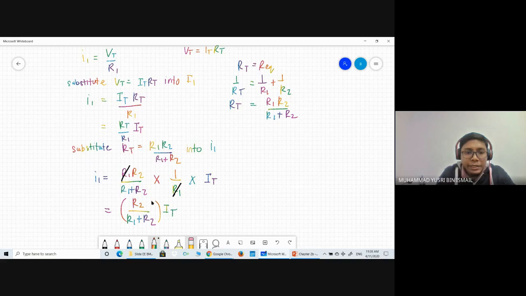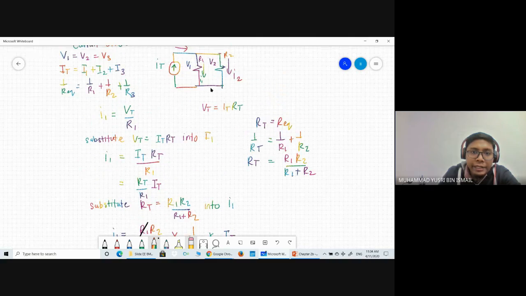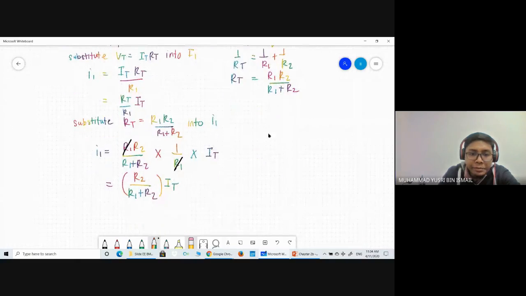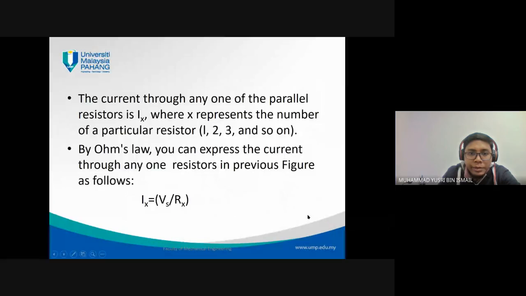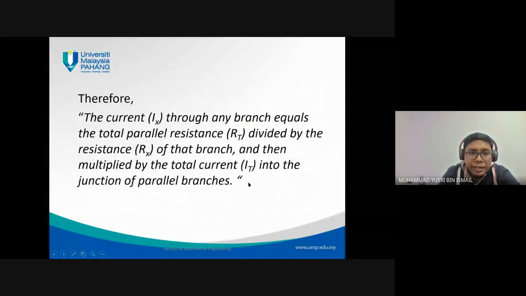So this is the formula in order to calculate the current divider at I1. The current Ix through any branch equals the total parallel resistance divided by the resistance Rx of that branch, and then multiplied by the total current I total into the junction of parallel branches.